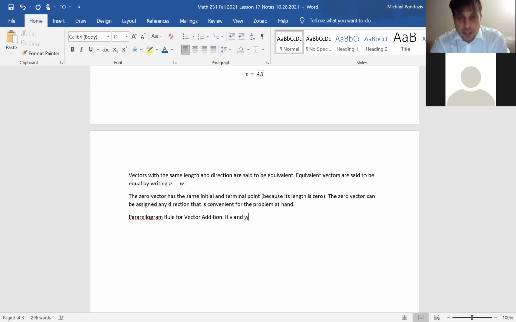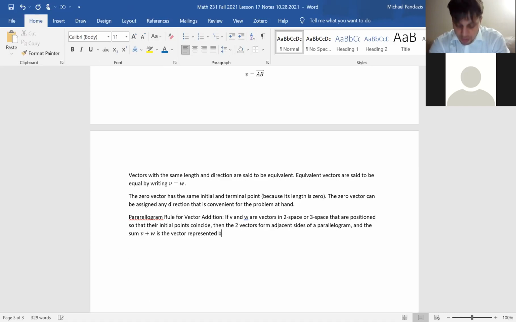If v and w are vectors, each in 2-space or each in 3-space, positioned so that their initial points coincide, then the two vectors form adjacent sides of a parallelogram, and the sum v plus w is the vector represented by the arrow from the common initial point of v and w to the opposite vertex of the parallelogram.